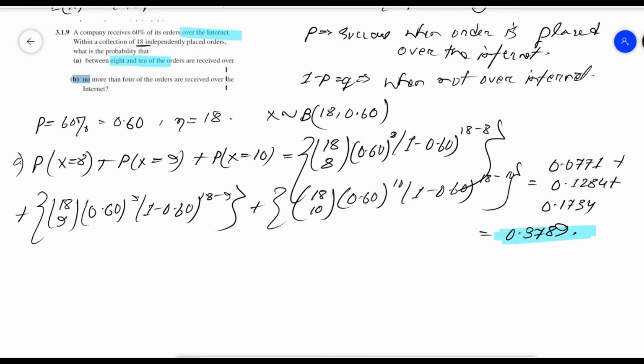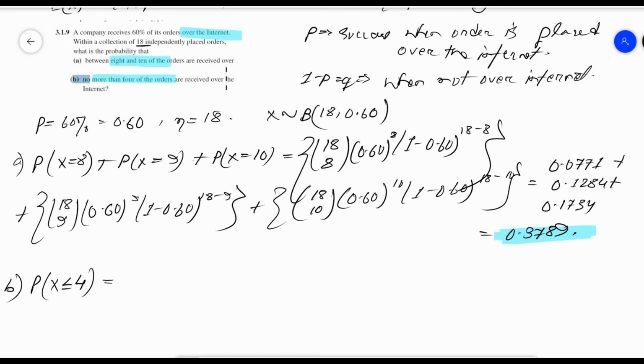Now let us move on to number B. In number B, it is asked that no more than 4 of the orders are received over the internet. No more than 4. That means the number of successes will be less than or equal to 4, as it says that no more than 4 orders. That is, the number of orders received through internet is less than or equal to 4.